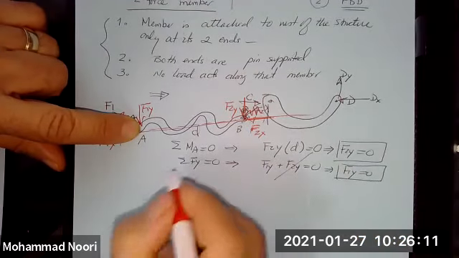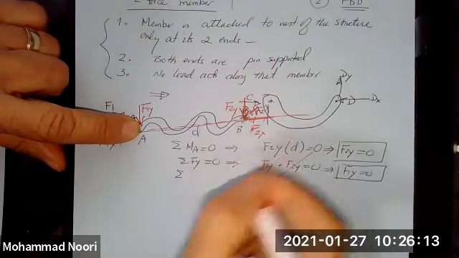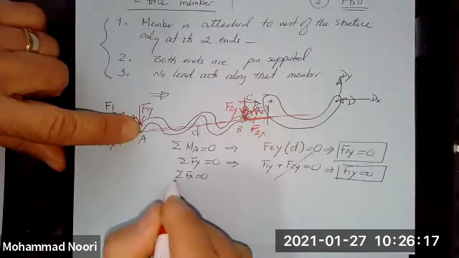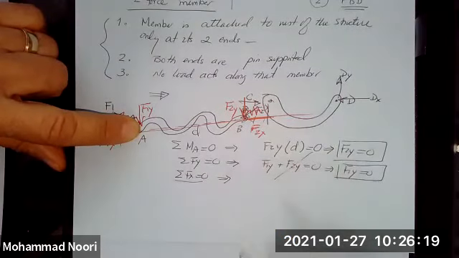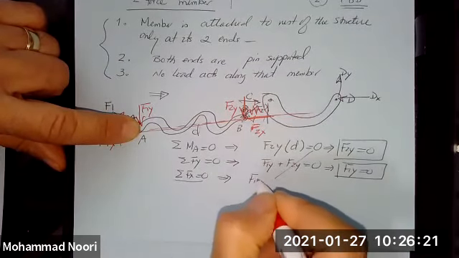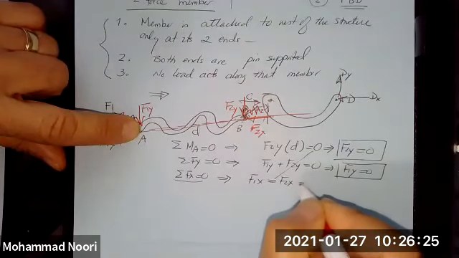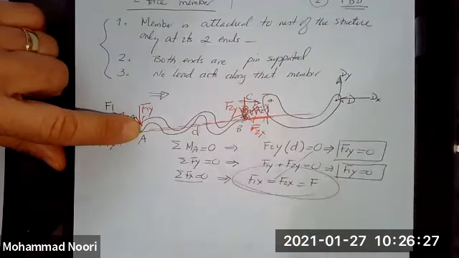So for this member to be in equilibrium, from the last equation of equilibrium, we conclude that F1x has to be equal to F2x, or they are just one force.